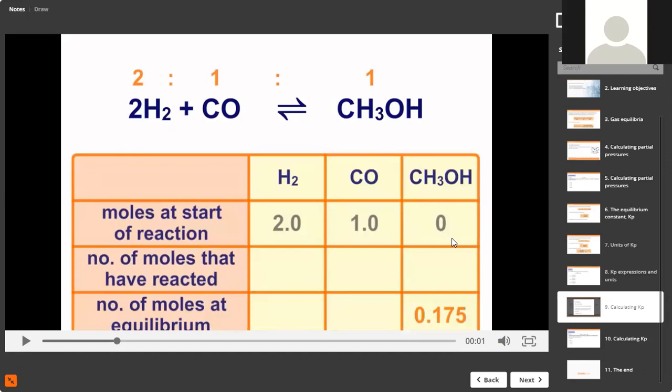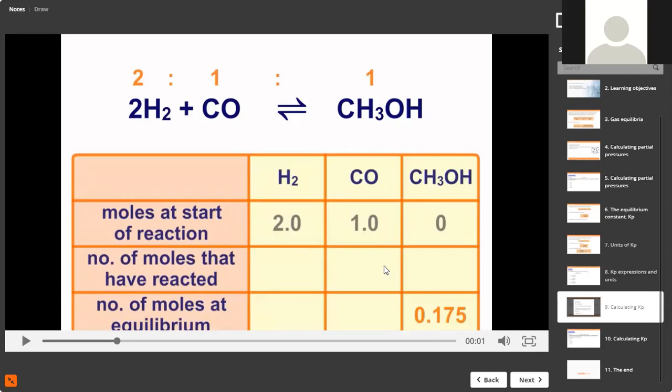At the start of reaction we've got none of the CH3OH, 2 moles of H2 and 1 mole of CO. Number of moles at equilibrium will generally be given for CH3OH, and that is 0.175. With that, we look at how many moles have reacted so far, using our 2 to 1 to 1 ratio.